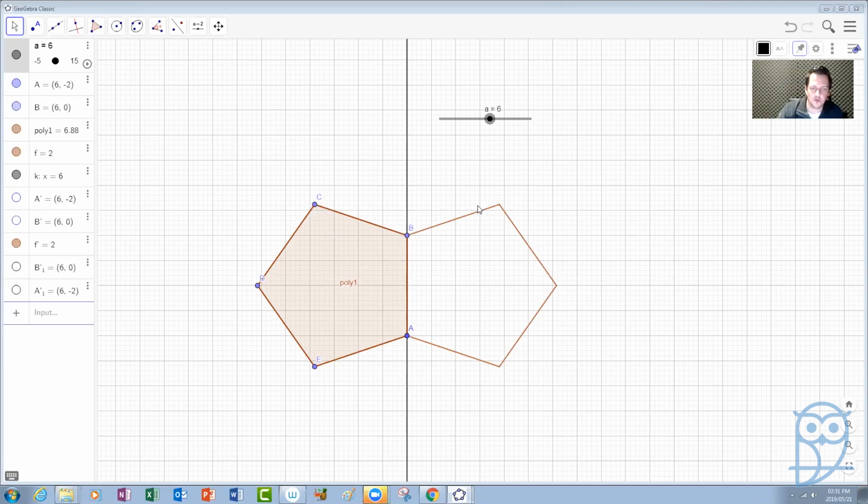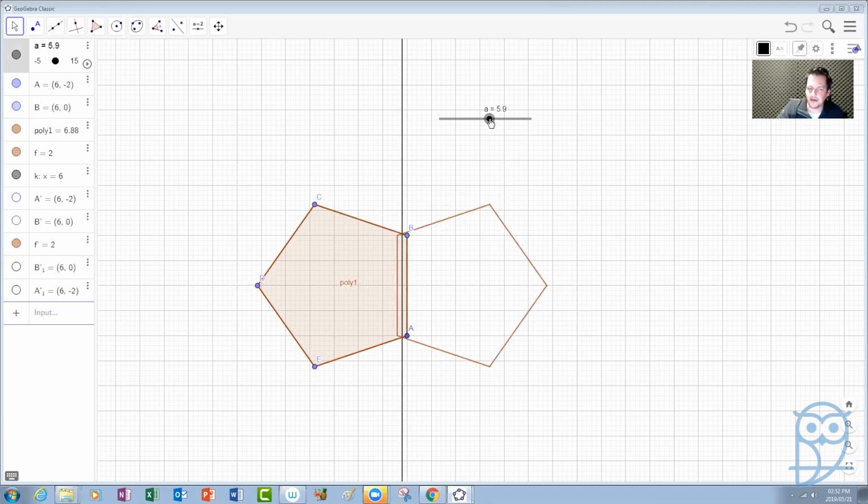Point C shows that it's that distance away, and we can see that it's 1 block, 2 blocks, 3 blocks, and it looks like 4 little blocks. So this would be the reflection, 1 block, 2 blocks, 3 blocks, and then 4 little blocks. So it's exactly the same distance.